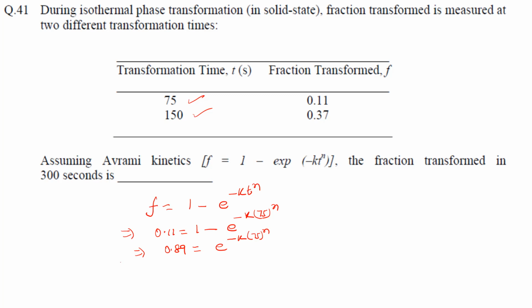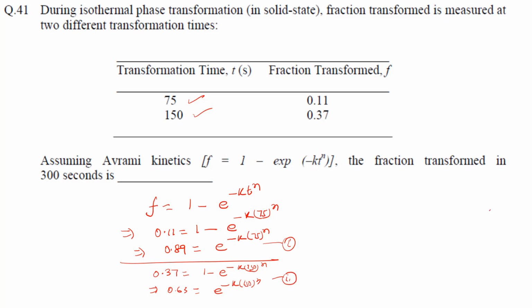In the second case it will be 0.37 is equal to 1 minus e to the power minus k 150 to the power n. This implies 0.63 is equal to e to the power minus k 150 to the power n.